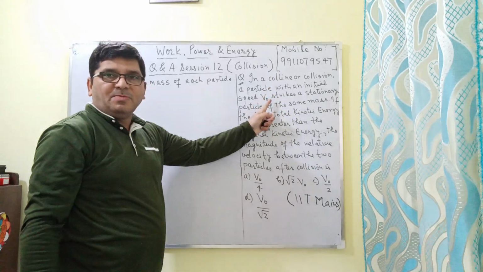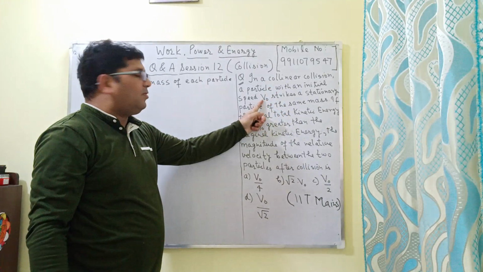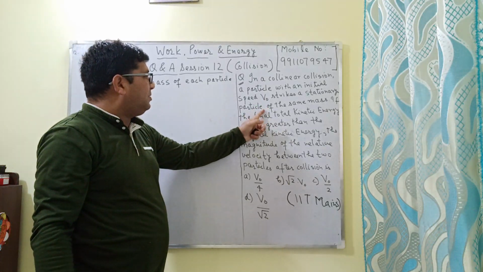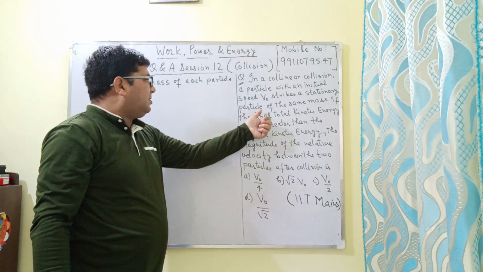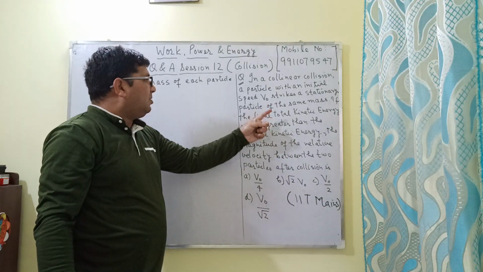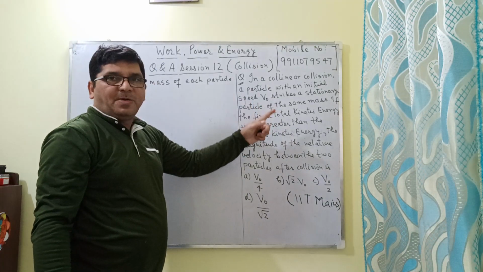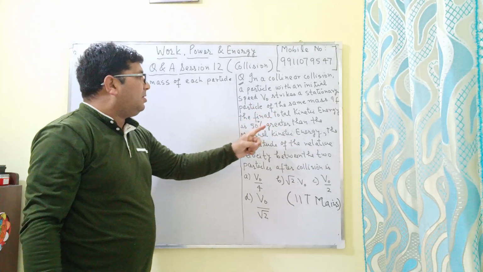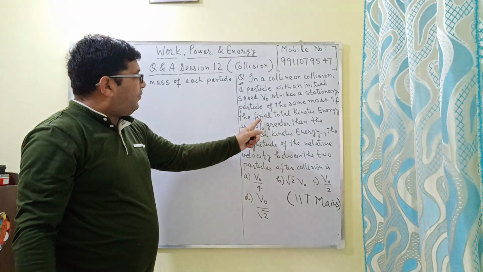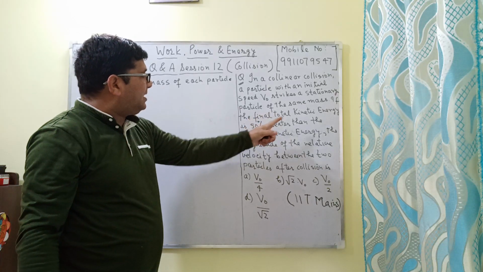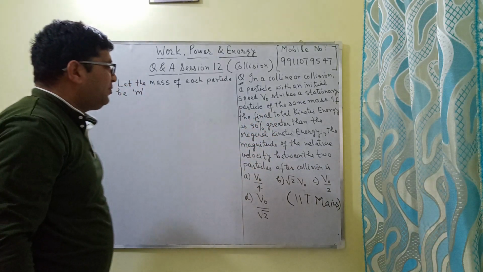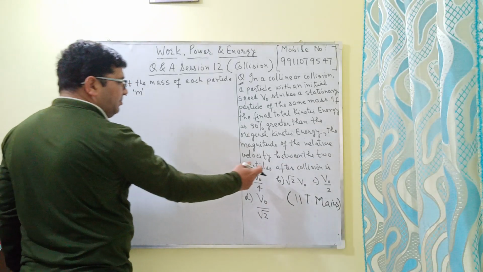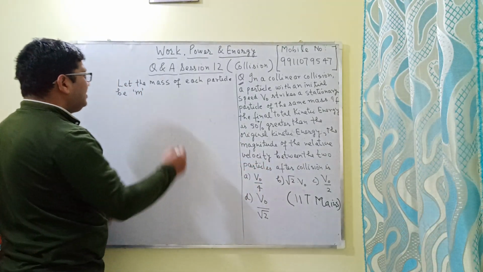So one of the particles has the velocity v0, and the initial velocity of the other particle of the same mass is 0. Now, if the final total kinetic energy is 50% greater than the original kinetic energy, then we have to find the magnitude of the relative velocity between the two particles after the collision.